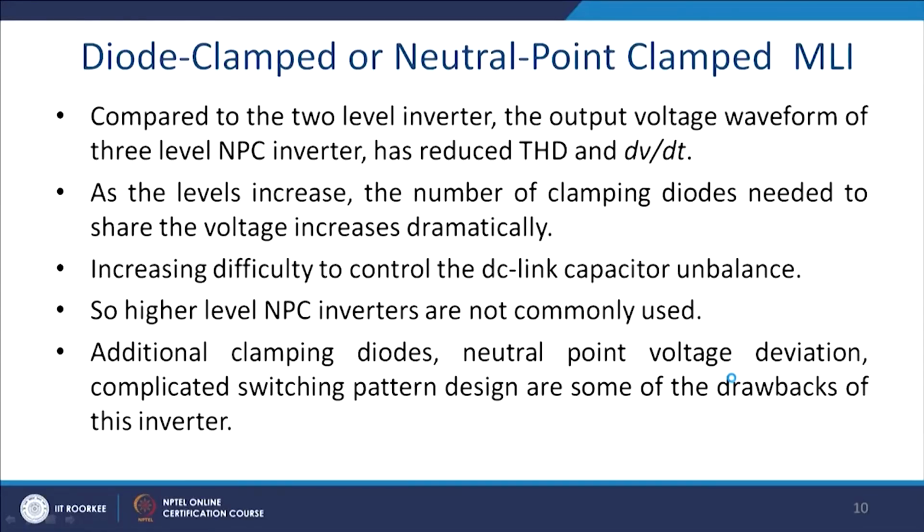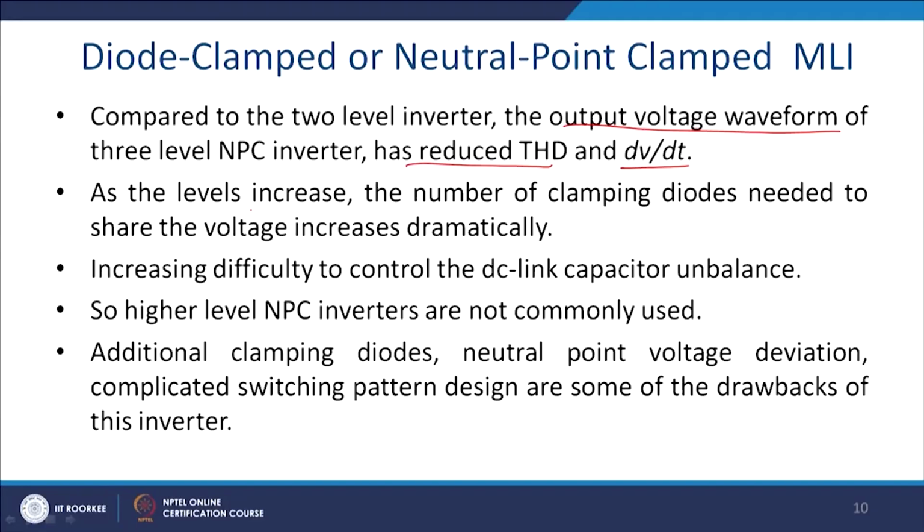Now, what are the advantages of the diode clamped or the neutral point clamp MLI? Compared to the 2-level inverter, the output voltage waveform of the 3-level inverter has reduced THD. It is because the instantaneous error between the applied voltage and the voltage generated by the inverter is less, and also there is less dV/dt.